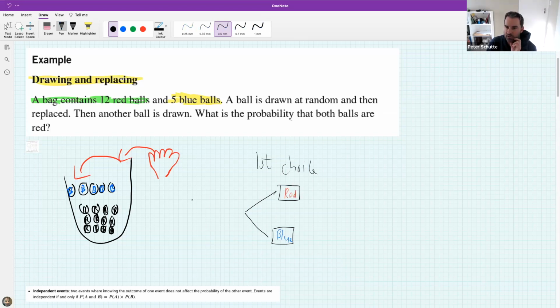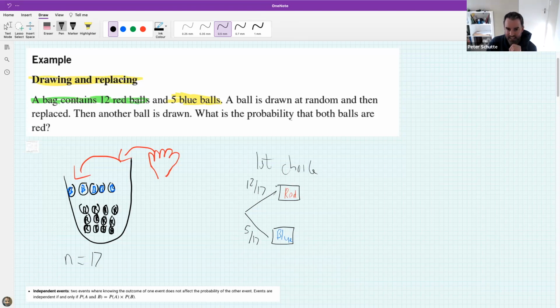Now, I see lots of students saying in the chat that red is more likely, and I agree because there's 12 red. In total, there are 17 items in here, 5 plus 12, so you have a 12 out of 17 chance of getting red on your first draw, and a 5 in 17 chance of getting a blue.